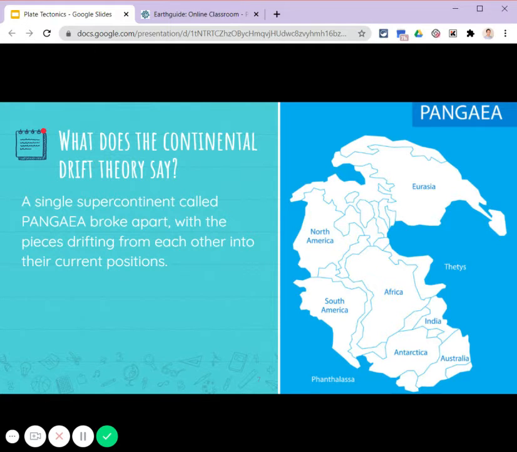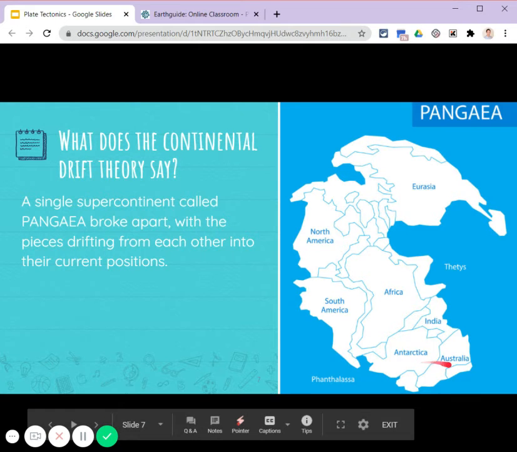And this theory says that a single supercontinent called Pangaea broke apart, with the pieces drifting from each other into their current positions. And you can see that on the right diagram, we've got the model of Pangaea, with the continents seeming to be glued together in a single supercontinent or landmass.